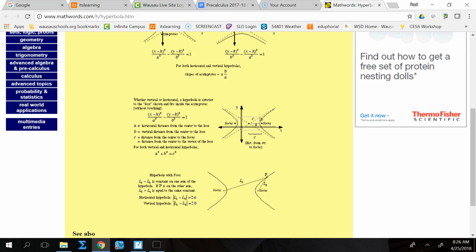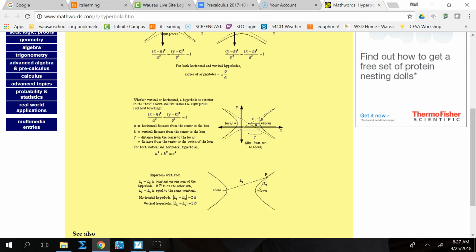There's a lot of intricacies involved in it, but again, you know all of them already. What you do is you build this box around the center. And then from that box, you draw in the two diagonals, and those are the asymptotes. So it kind of forms the hyperbola for you by drawing in those asymptotes.